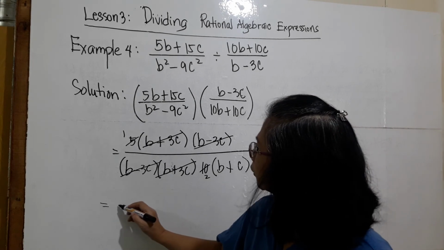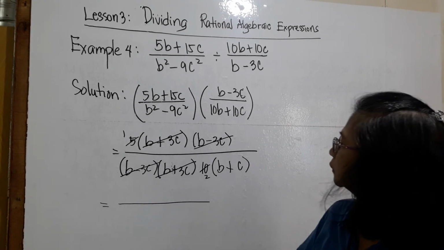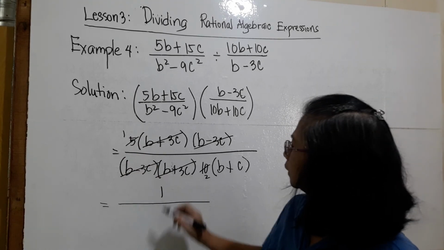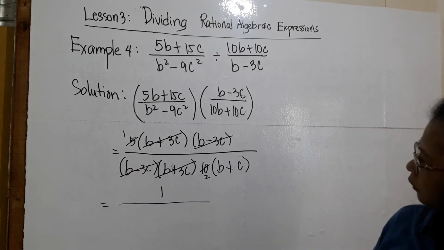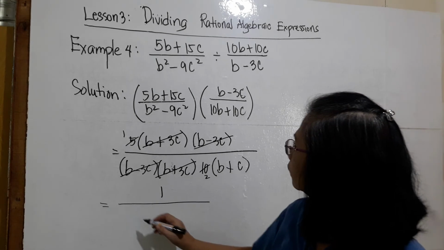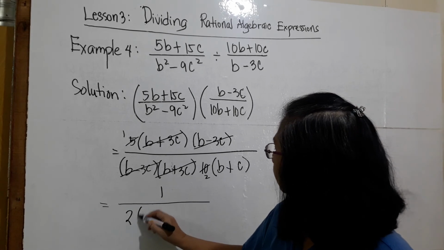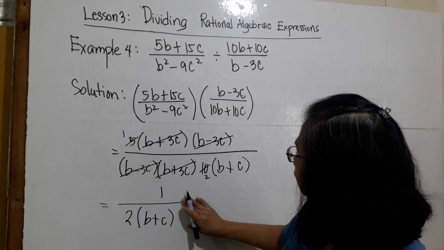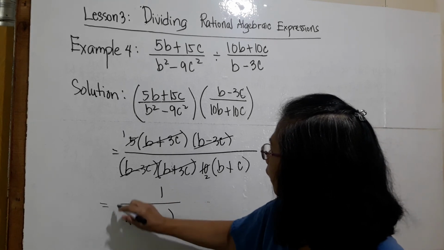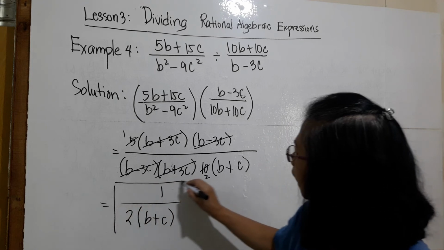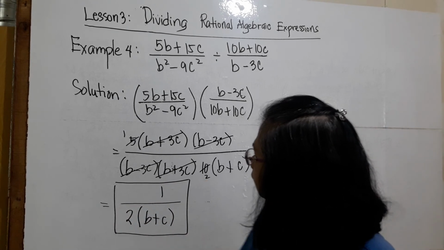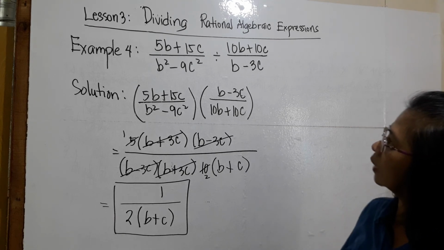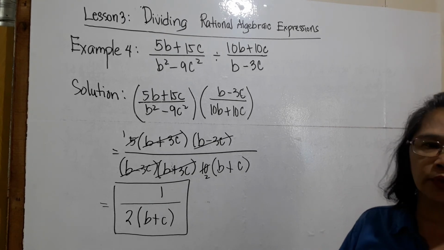So therefore, what are the terms left? In the numerator, only 1 is left. For the denominator, 2 and b plus c are left. So therefore, for our quotient, we have 1 over 2 times the quantity b plus c as our quotient, for example number 4.